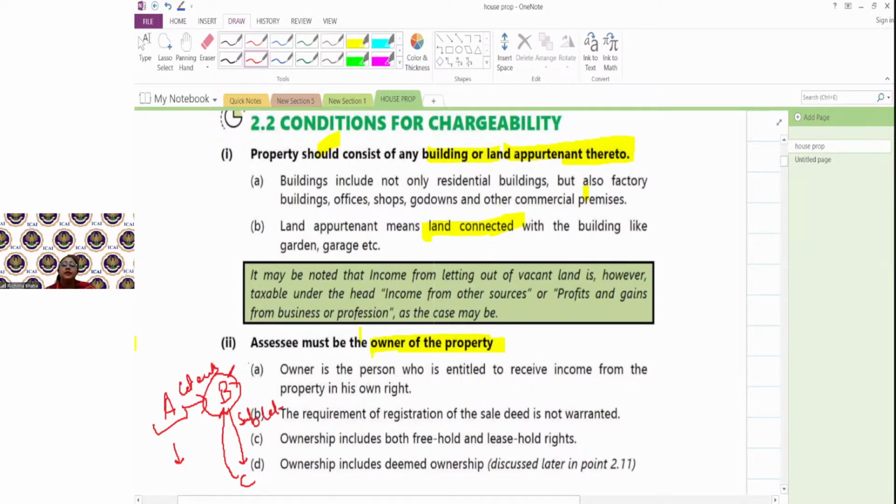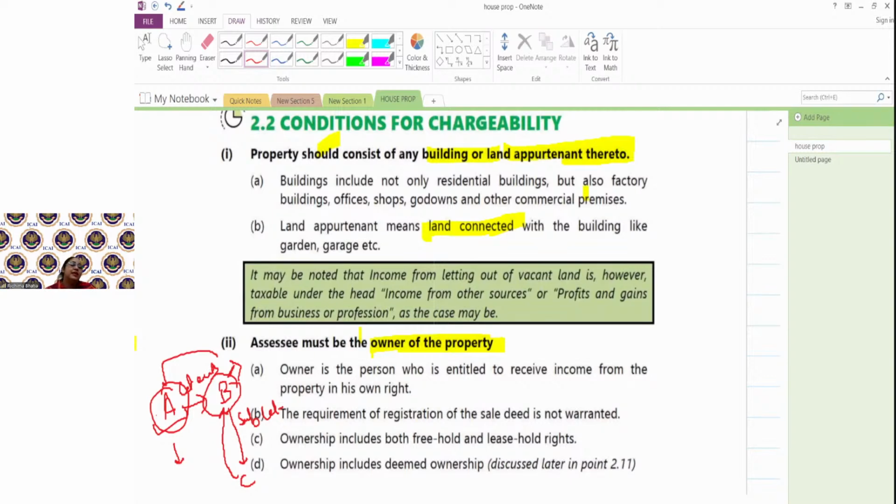He's a subletter. So in this case, B would not offer the income under the head income from house property. He might offer it under the head PGBP or income from other sources, but not income from house property because he is not the owner. Yes, A, whatever he is receiving from B, would definitely offer it under the head income from house property because owner and building दोनों criteria हैं.